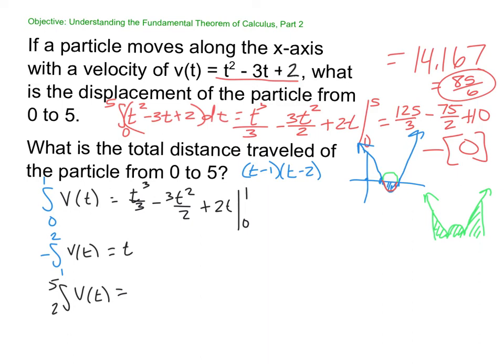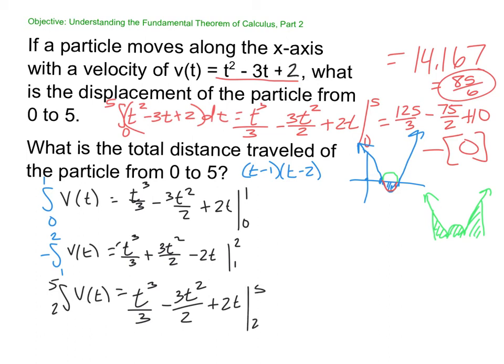And then negative 2t cubed over 3 plus, because of that negative outside, 3t squared over 2 minus 2t from 1 to 2. And then back to the original, t cubed over 3 minus 3t squared over 2 plus 2t from 2 to 5. So this is very tedious.